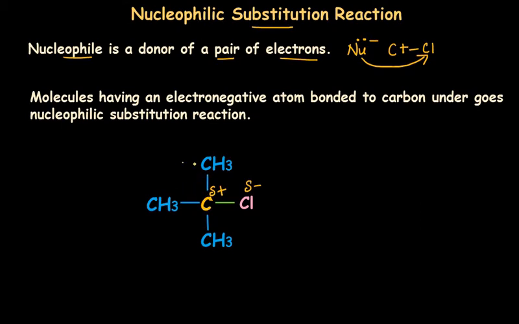Here we have taken the example of methyl groups, but it can be any other carbon groups like ethyl, C2H5, or propyl also, or any other carbon groups.